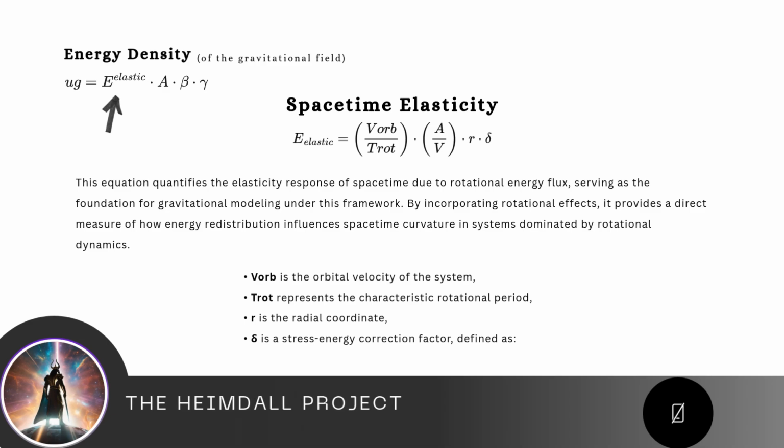So for anybody that has wondered, does the rotation and orbital speeds of a celestial body matter to gravity? Well, in an energy-based approach, it's extremely important, because we're stretching space-time.